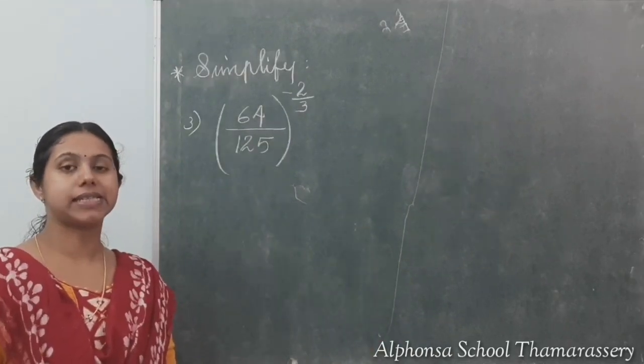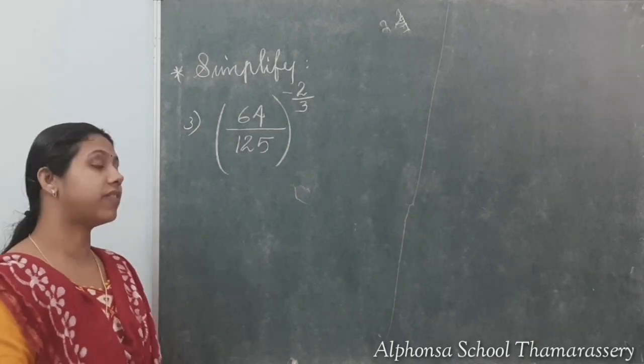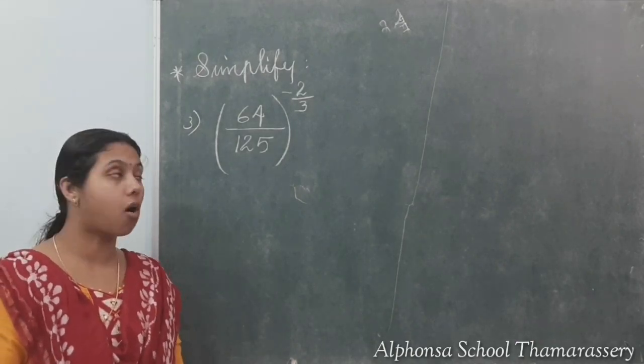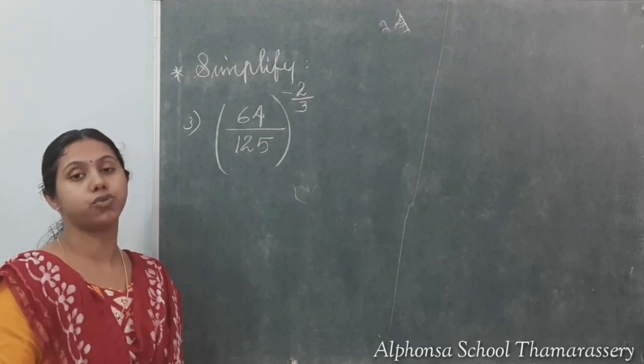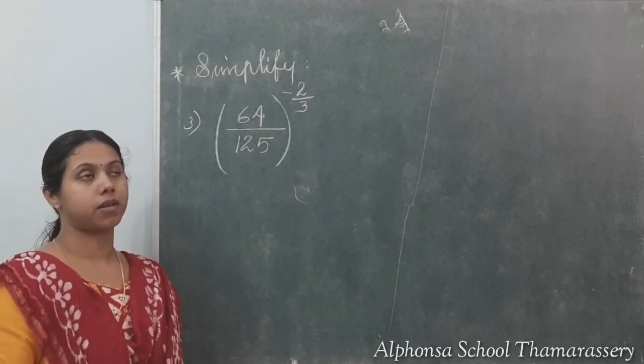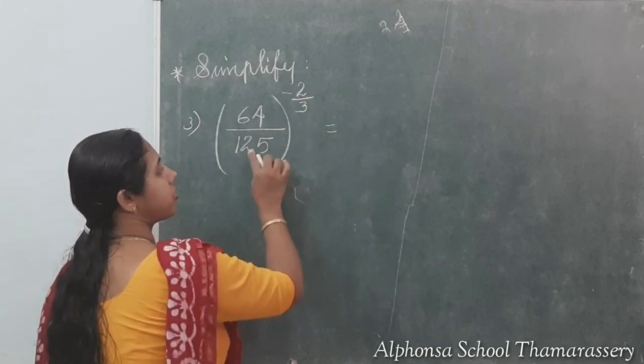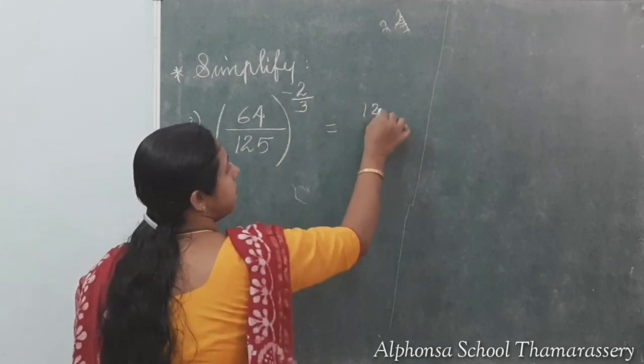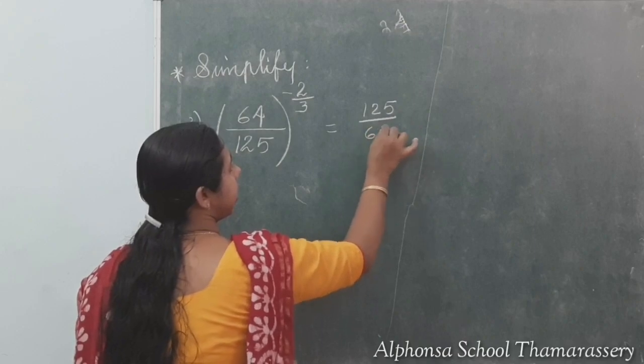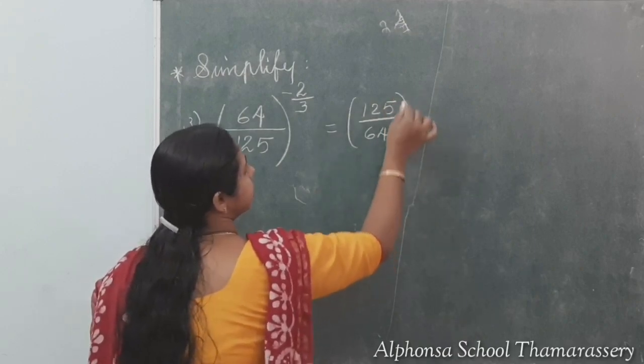See the next question. Simplify 64 divided by 125 all raised to minus 2 by 3. So first of all we can write this as a by b whole raised to minus m is equal to b by a whole raised to m.